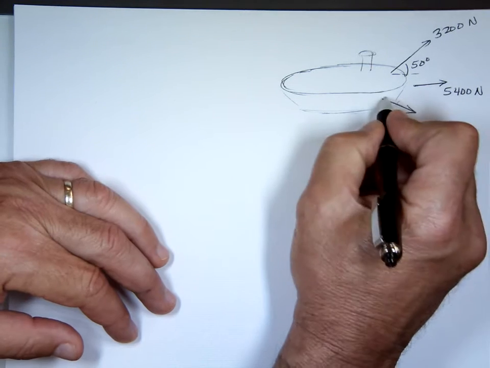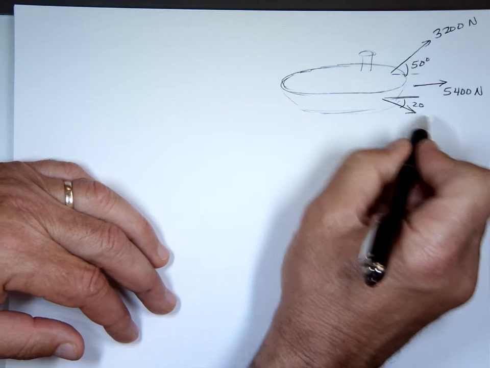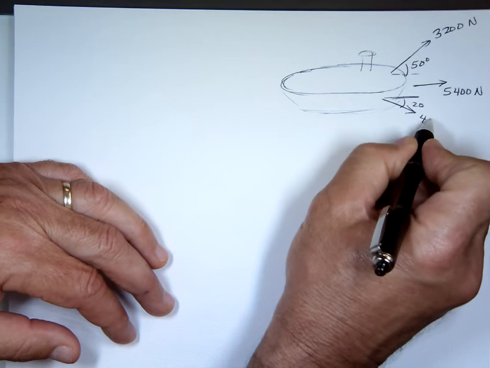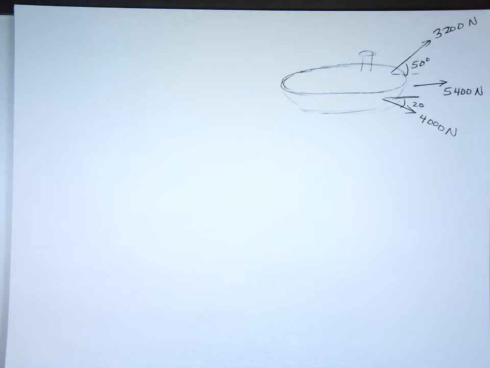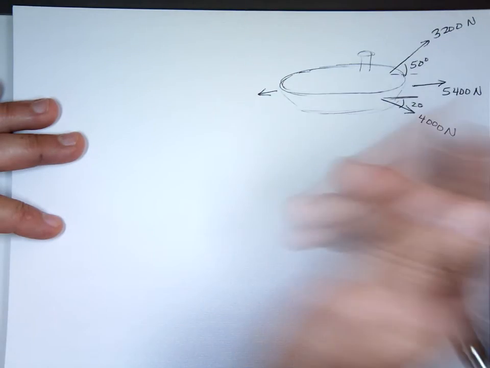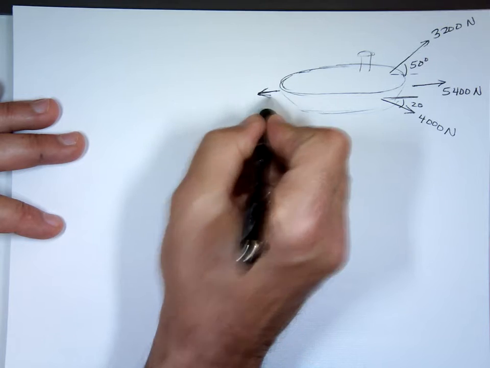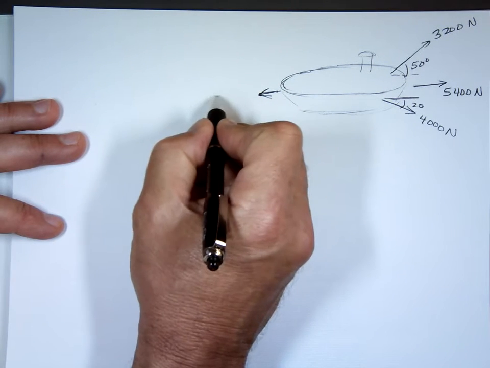We'll say this angle is 20 degrees. And the value of that 4,000 Newton. And let's add one more, pulling backward to make sure it doesn't slam, doesn't go forward. You want to stop it there. We got another tugboat pulling back here, straight back, of 2,000 Newton.